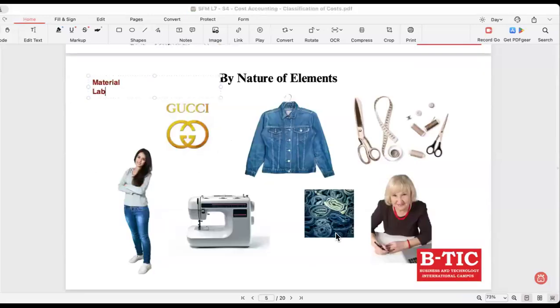Material means these are the raw materials or ingredients that are directly or indirectly used for the manufacturing or production of a product.